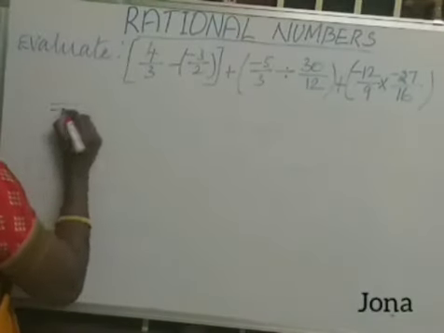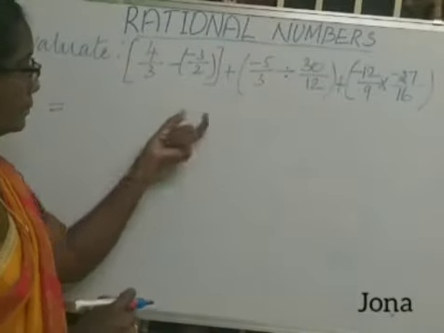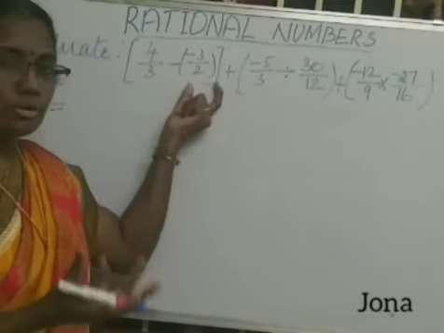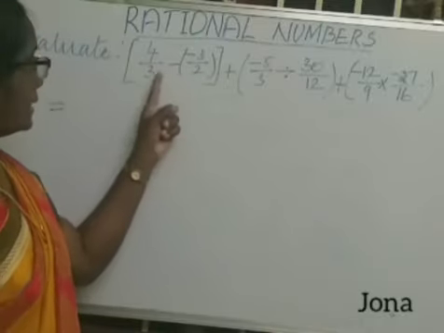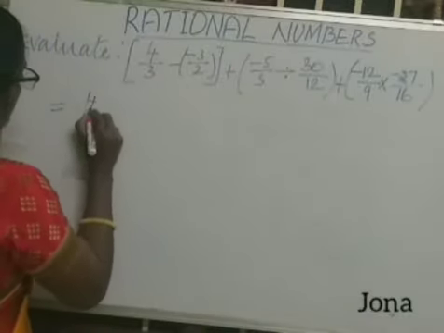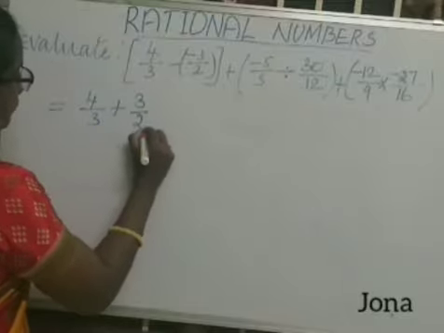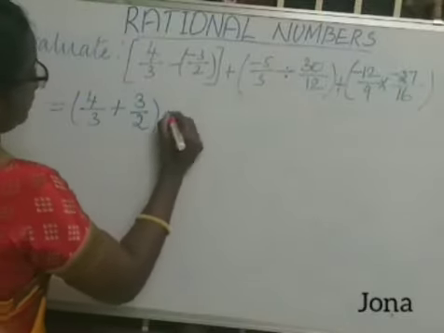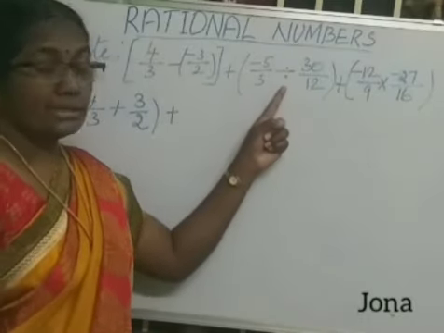So which is equal to, now look at here, here minus into minus. So we have to remove this small bracket. So how to remove the small bracket there? Just multiply the symbols. So minus into minus is nothing but plus. 4 by 3 plus 3 by 2 plus, and then look at the next bracket here. Here we have the division symbol.